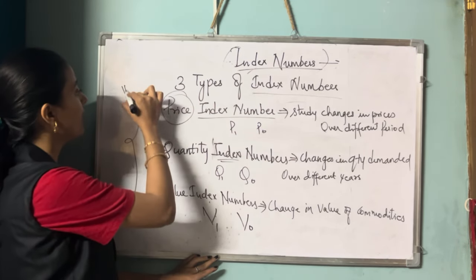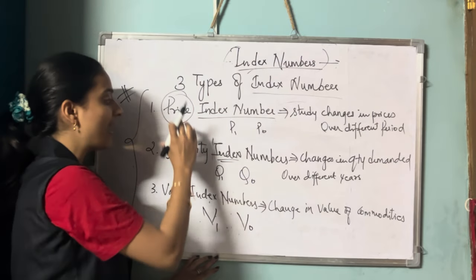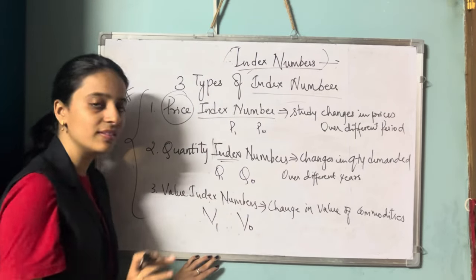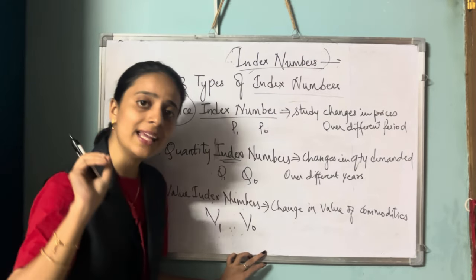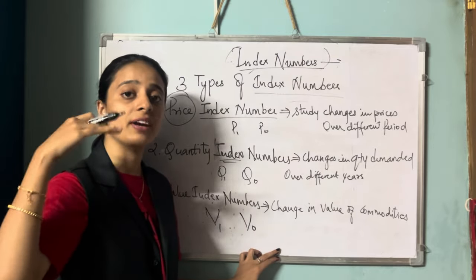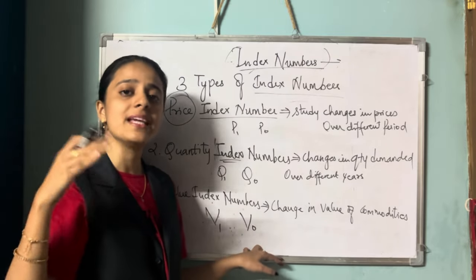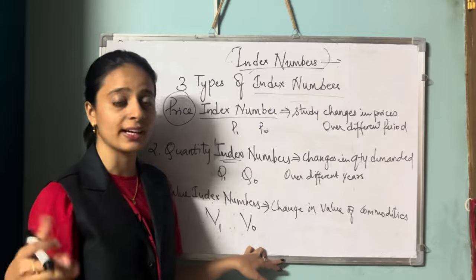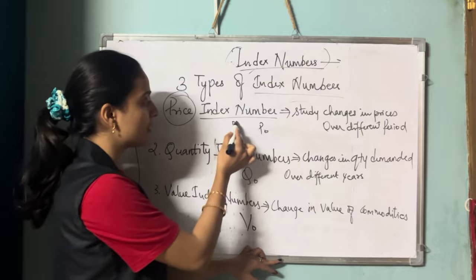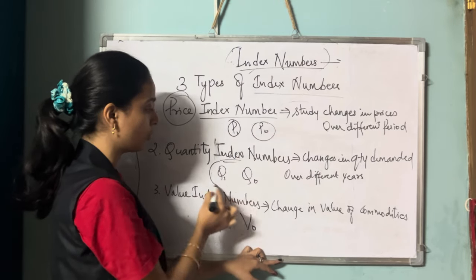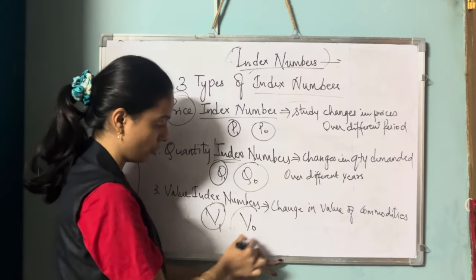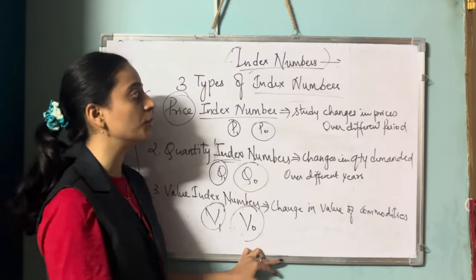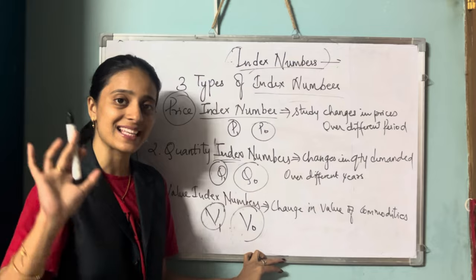This is very important. When we understand the basics of all three index numbers, we will very easily understand the different formulas and it will be very easy for us to do the calculation of different kinds of problems. So when you understand what is P1 and P0, Q1, Q0, V1, V0, it will be very useful for you to solve the problems of index numbers.